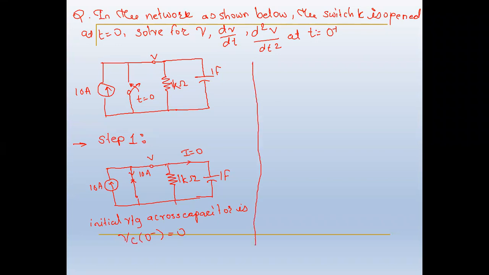Now, the voltage across a capacitor can't be changed instantaneously.